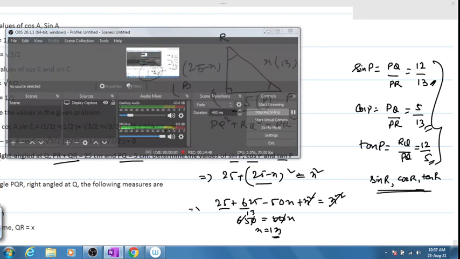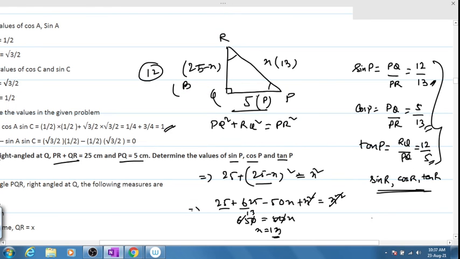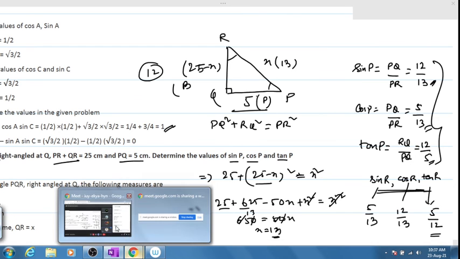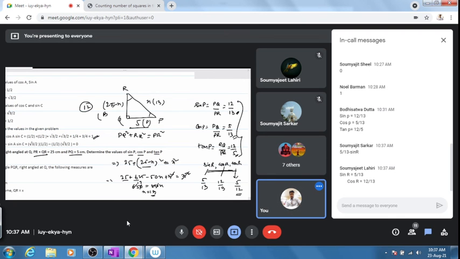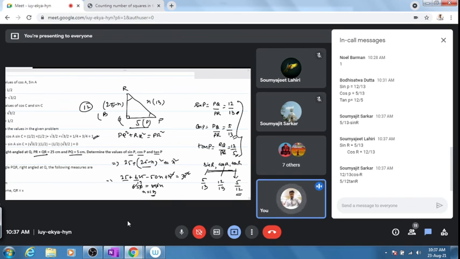On the screen, everyone: sin R will be equal to 5 by 13, cos R will be equal to 12 by 13, and tan R will be equal to 5 by 12. How many got this answer? 2 people have answered. Correct. Mujib Sarkar is absolutely correct and Lahiri is also very correct.